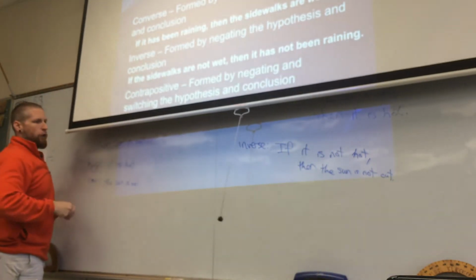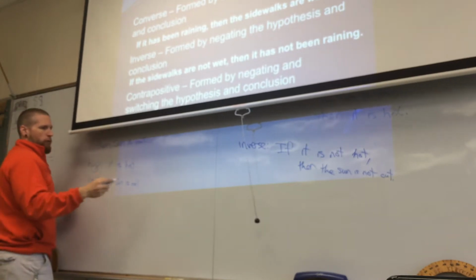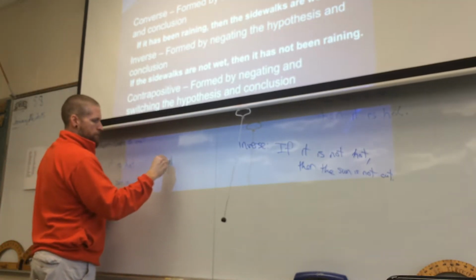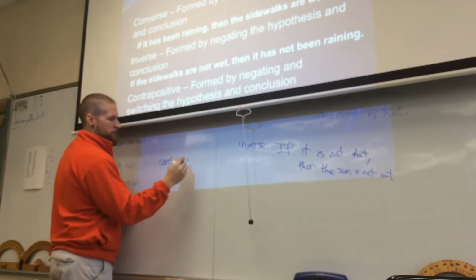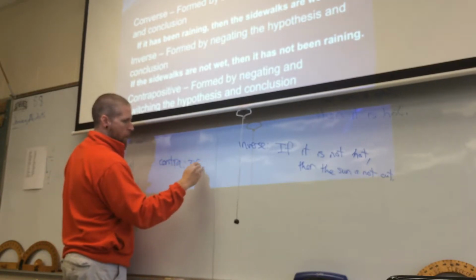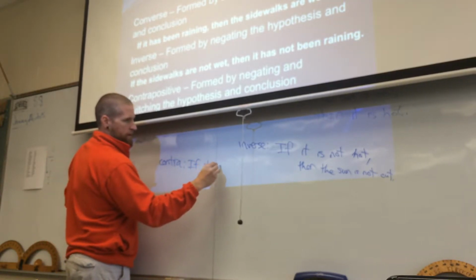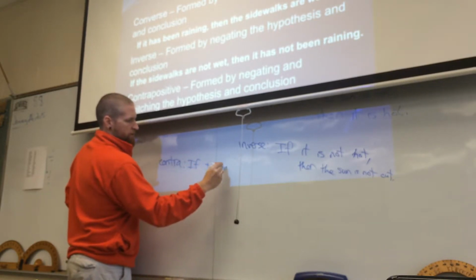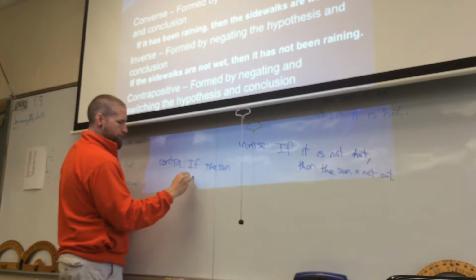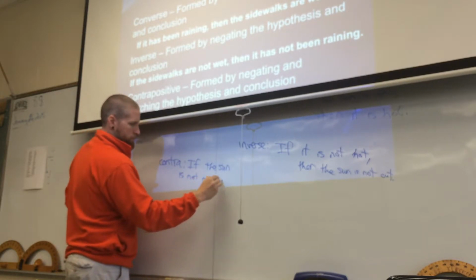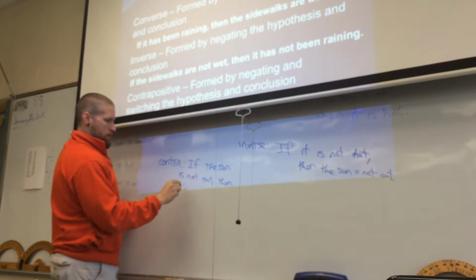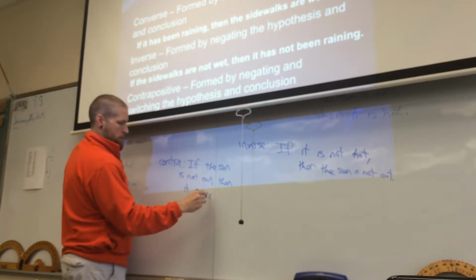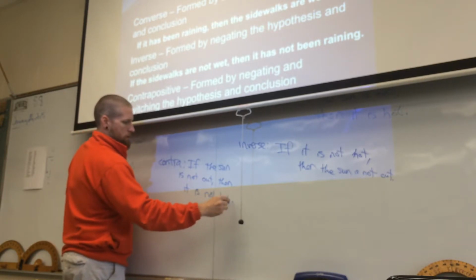Okay, so if I wrote the contrapositive of what the original was, the contrapositive would say if the sun is not out, then it's not hot.